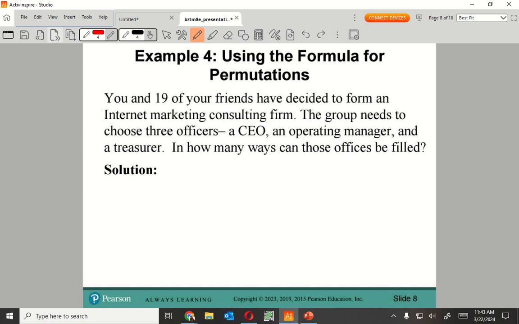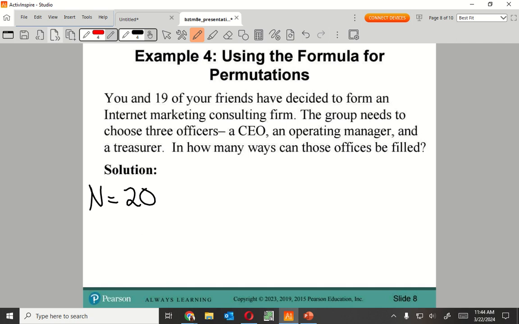So I'm going to start with my first one, which is N. My N, we said, is 20. So I'm going to have 20 to choose from. N equals 20.